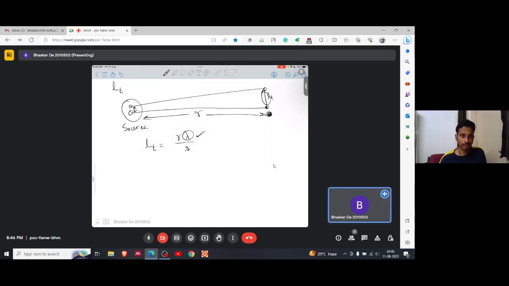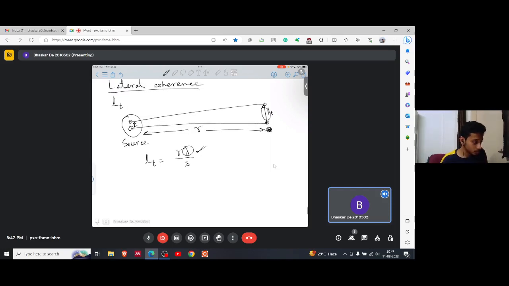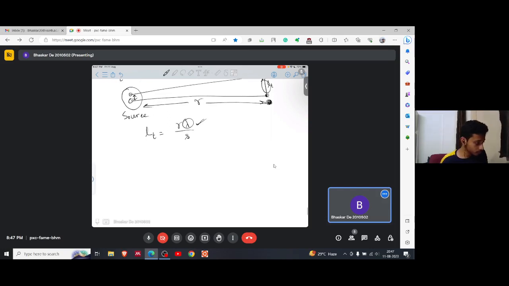That is, there is a relative phase difference and that phase difference is constant. Only then we can see the interference. Now, here we are saying that the two sources cease to show interference effect, and this LT is given as R lambda by S, or we can also write this as lambda by theta S, where theta S is S by R.